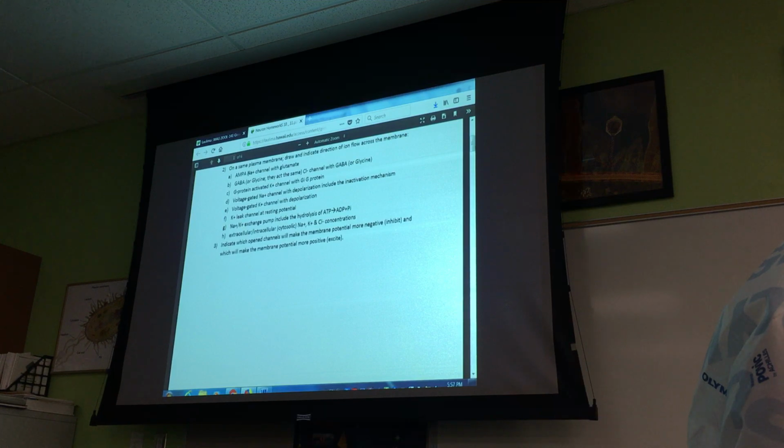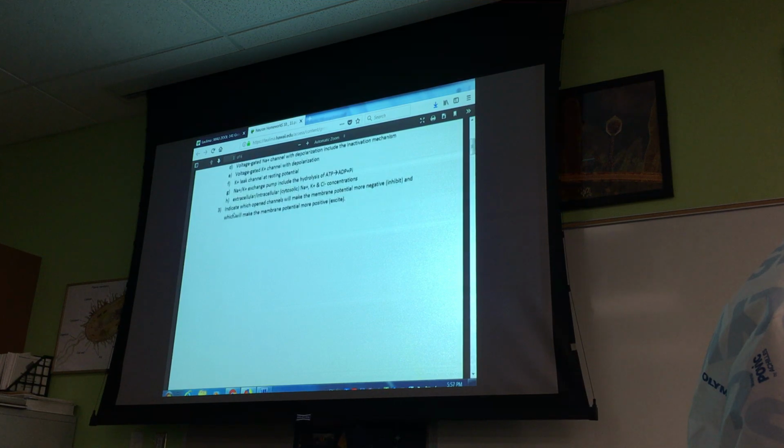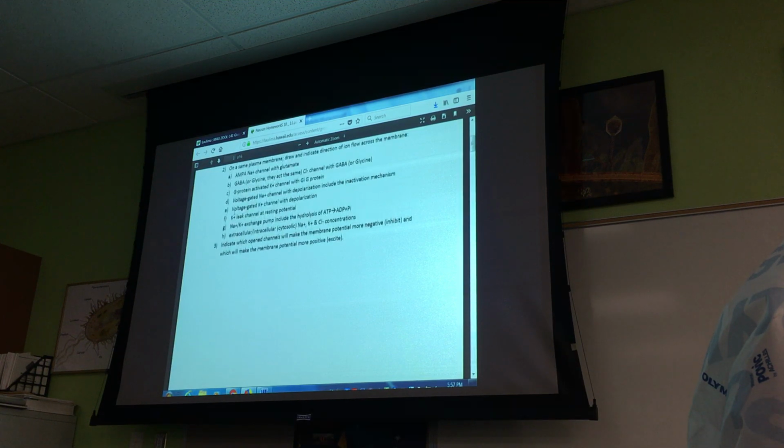Does everyone understand what an AMPA receptor channel is? Just a quick question: when is it a GPCR versus just an ionotropic? When is it metabotropic?